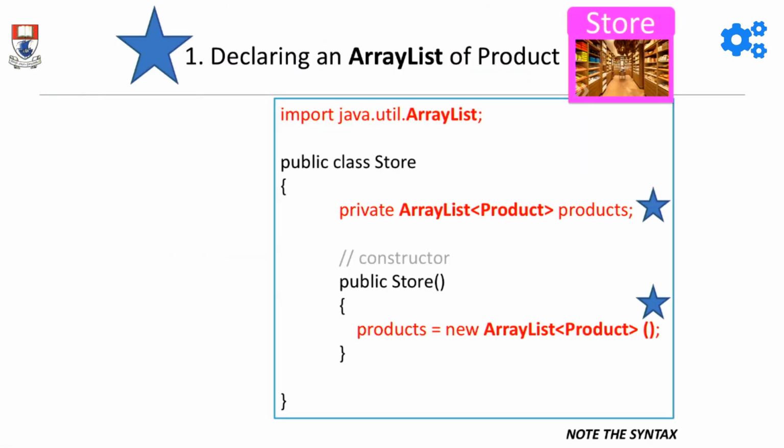So, declaring an array list of product. I highlighted these at the start of today's class. Note the syntax. We have to import java.util.ArrayList, which we see here. Inside our class Store, we are declaring products to be an array list of product.